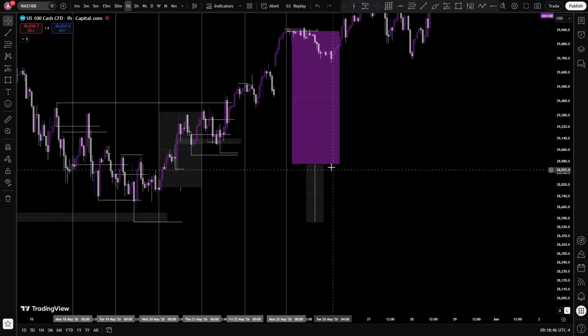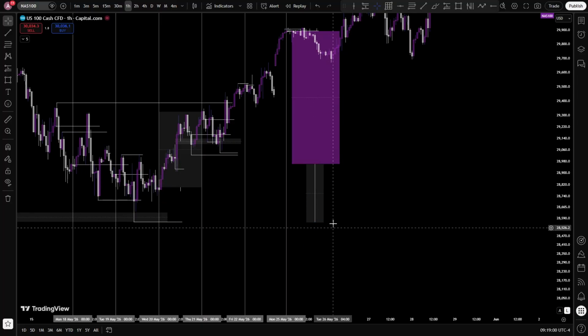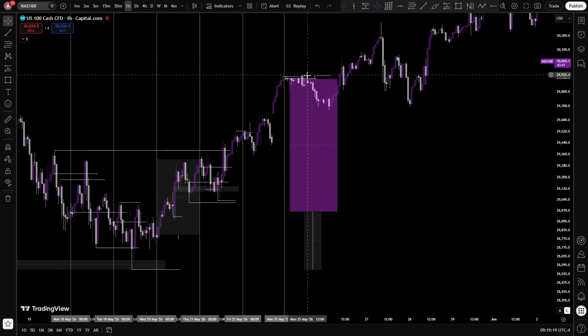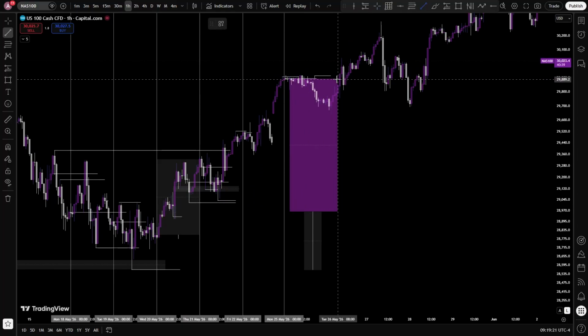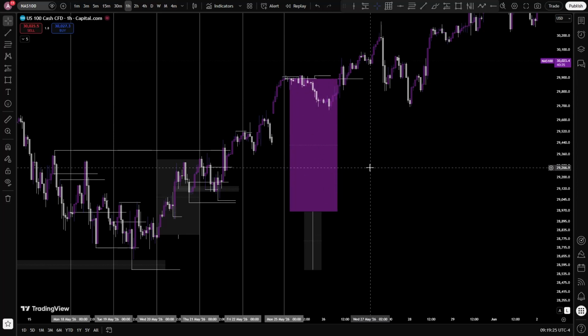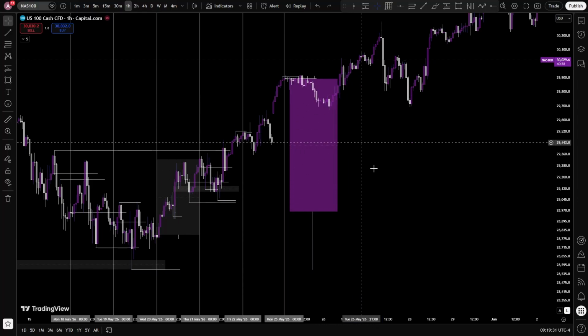So again, this part here is called the Judas Swing, the fake move, after which the price goes in the opposite direction, pushing the retail traders into the sell positions and getting them stopped out immediately. After that we got the highest part of that candle and the final close of the weekly candle. So this is what a weekly time frame candle looks like.